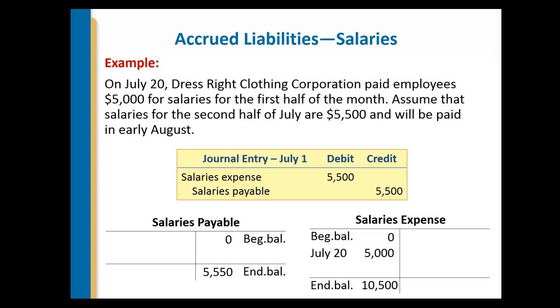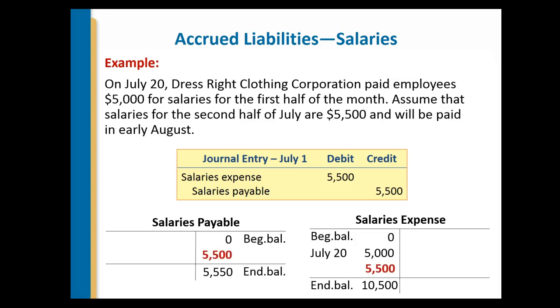So an adjusting entry is required to increase salaries expense, which decreases shareholders' equity, and then to increase the liability for the salaries payable. Now, the adjusting entry for an accrued liability always includes a debit to the expense and a credit to the liability.